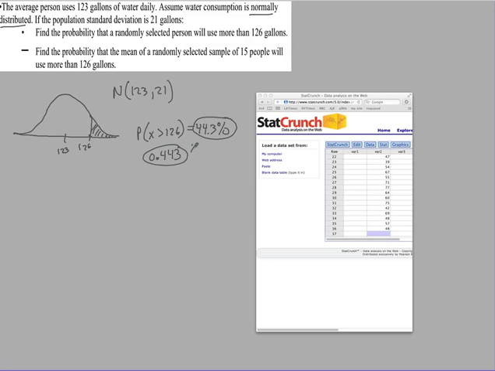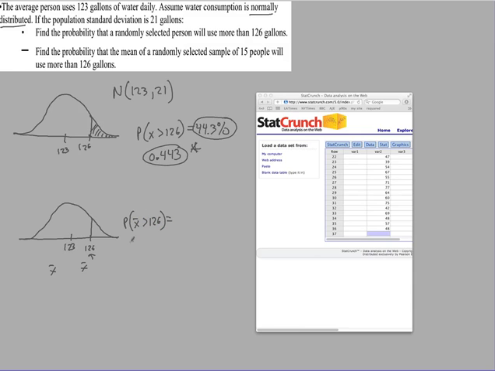Okay, so now we're going to take what's the probability that the mean of a randomly selected sample of 15 people. A mean. So see, I'm not in x's anymore. I'm in x bars. These are all means now. 123, 126, but this is a mean. So I'm looking for the probability that the x bar will be greater than 126.